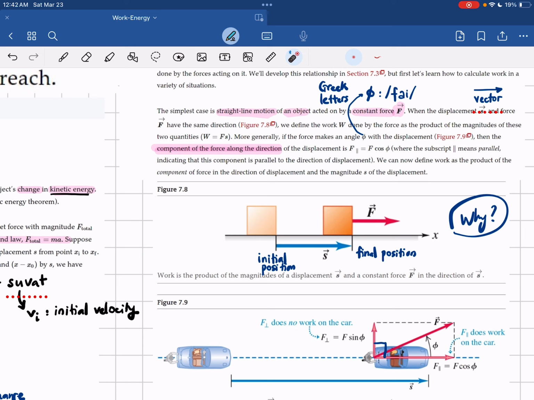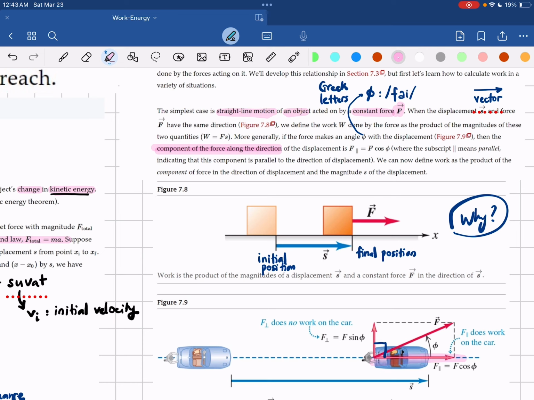If the car somehow moved in this other way, then I would say yes, this component of the force is helpful. But in this case, not at all. It's just moving in this direction. That's why we just care about these components.